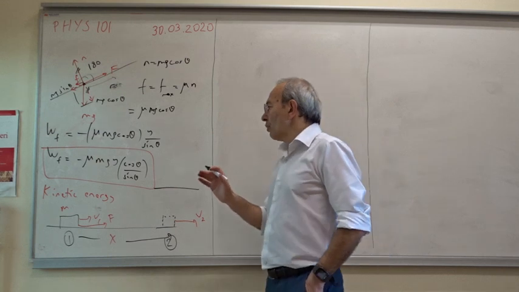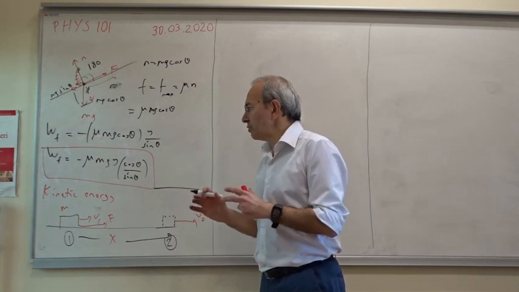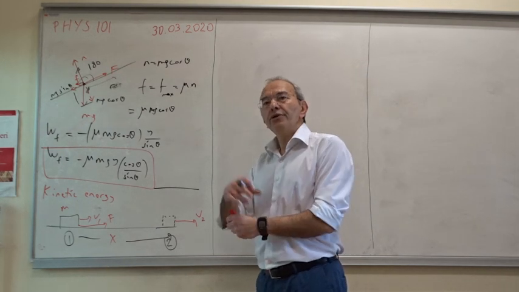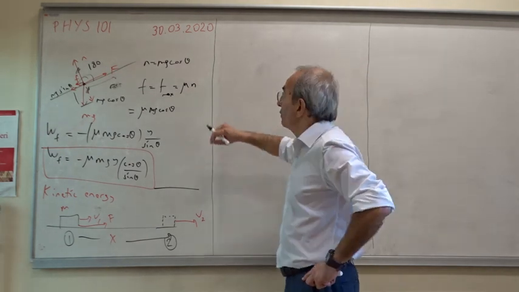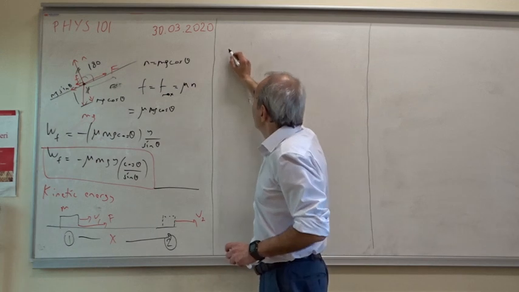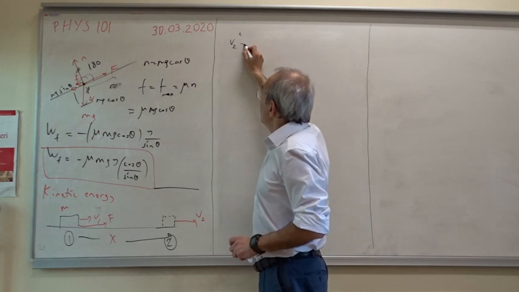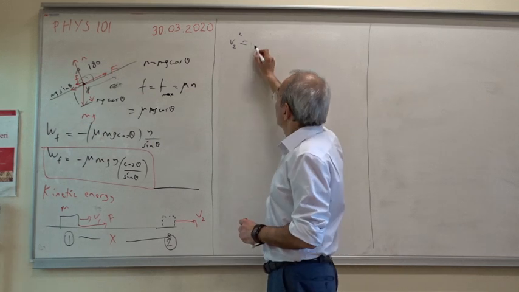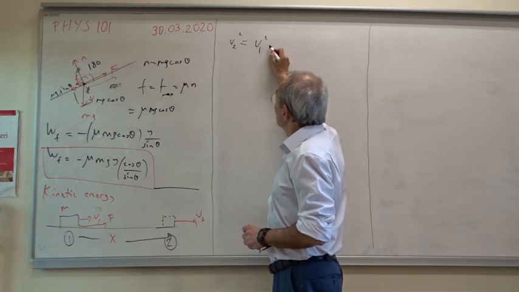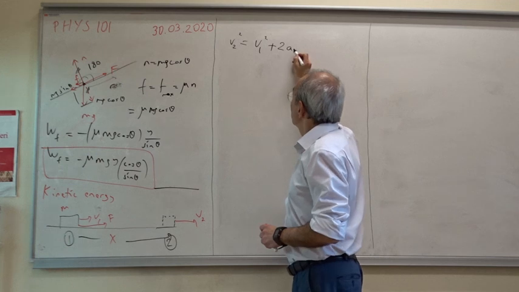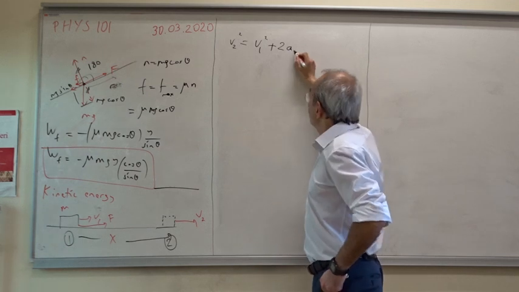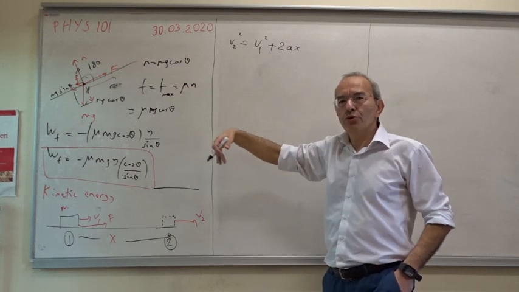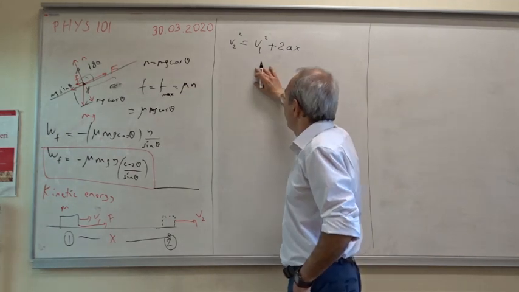So if you don't know what the concept of kinetic energy, work, etc. are, then we can apply one of the previous equations. Remember that v2 squared, the final velocity when it passes by the second position squared, is just initial velocity squared plus, or minus, but let's take it plus now, 2a times x. x is the distance between the two positions.